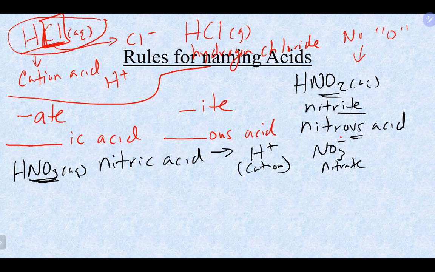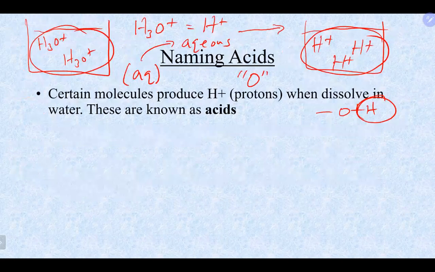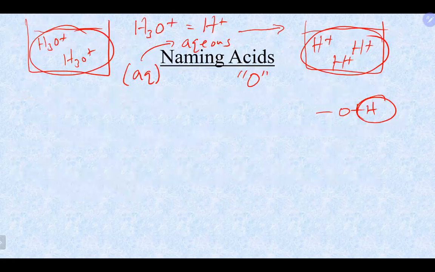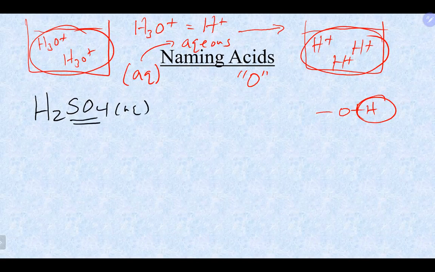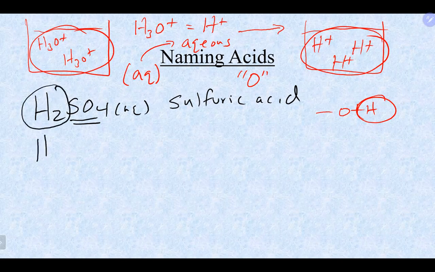If I had something like H2SO4, SO4 is sulfate, which means this would be sulfuric acid in this particular case. The reason we have two of the hydrogens here is we need two H pluses to balance out the -2 charge that comes from the sulfate.